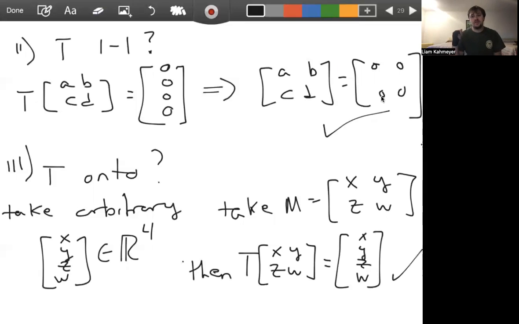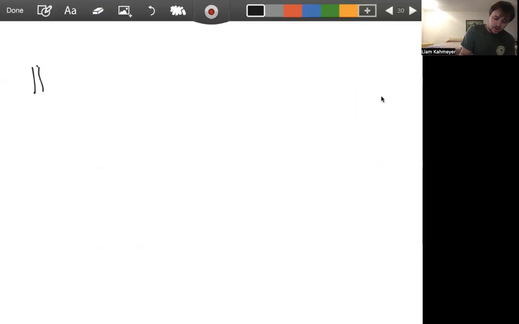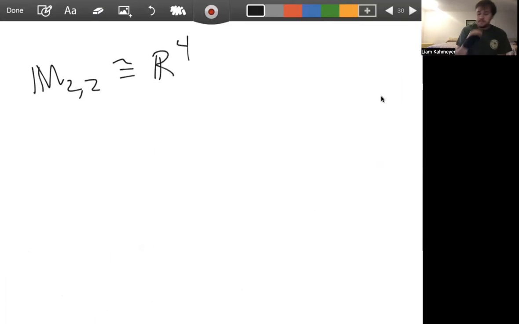So we've shown that T is a linear transformation, that it's injective, and that it's surjective, which implies that T is an isomorphism. Moreover, this shows that M22 is isomorphic to R4.